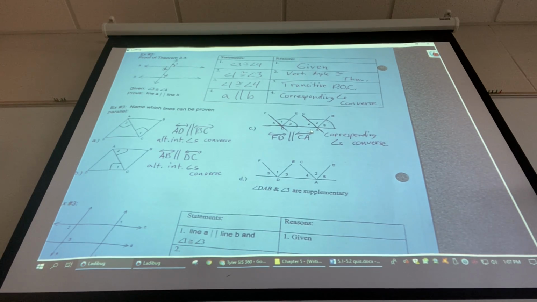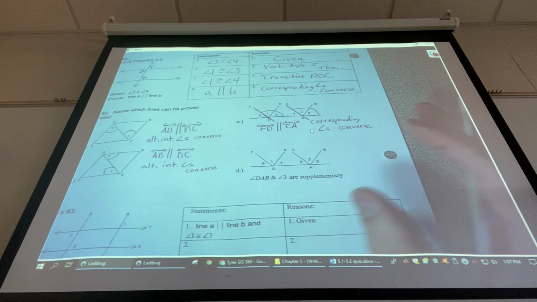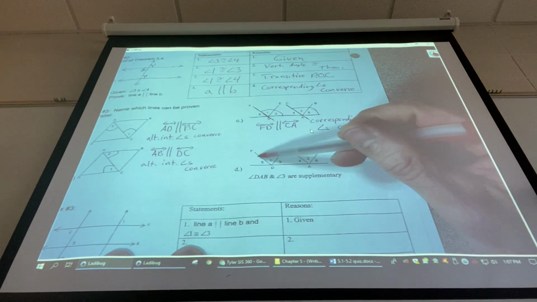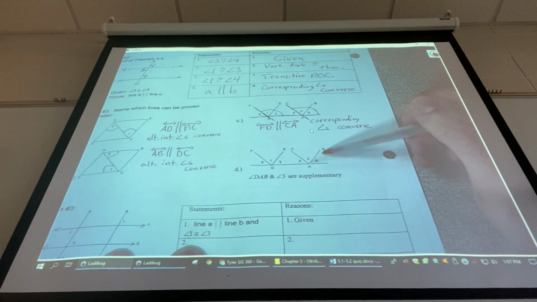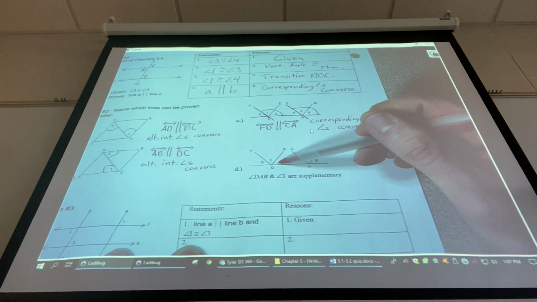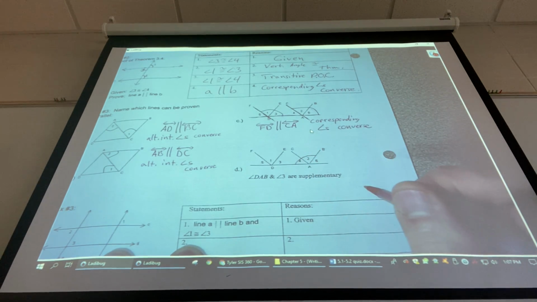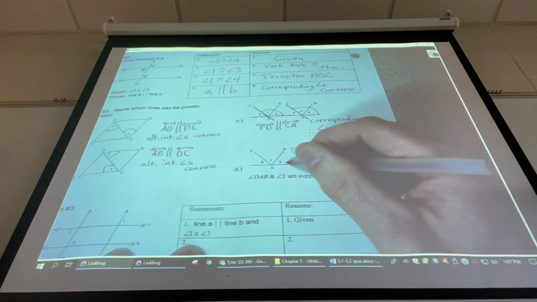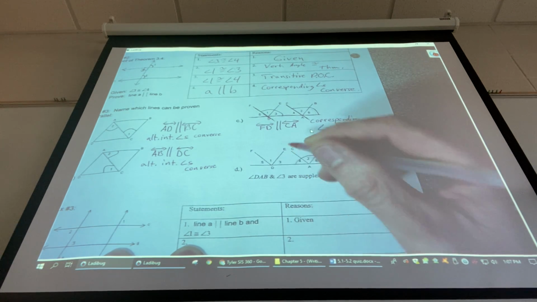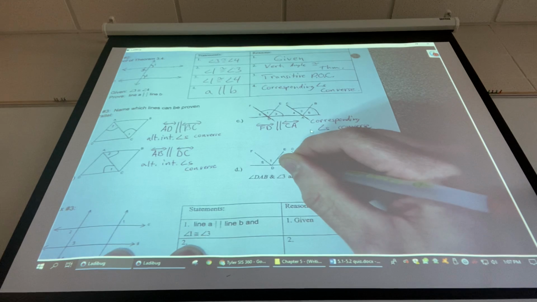What do we know on part D? DAB and angle 3. So I'm going to mark that big arc mark again. And then I'm not going to show that it's congruent to angle 3. I'm just going to show that we're talking about angle 3, so I'm going to do a double arc mark there.